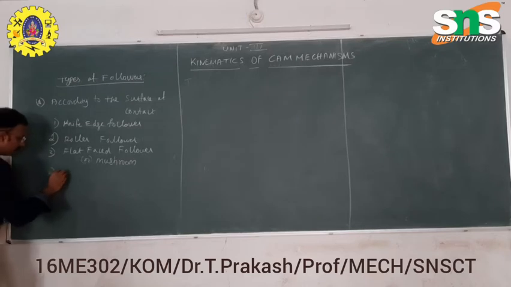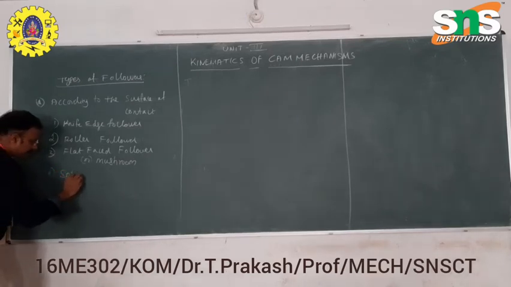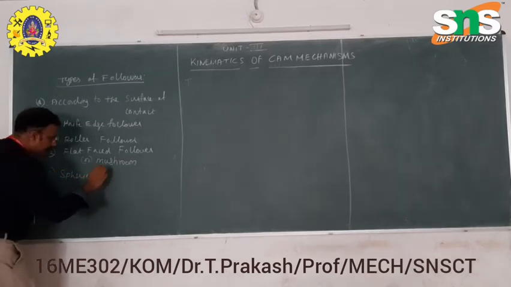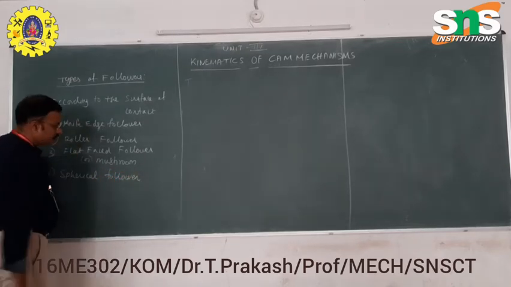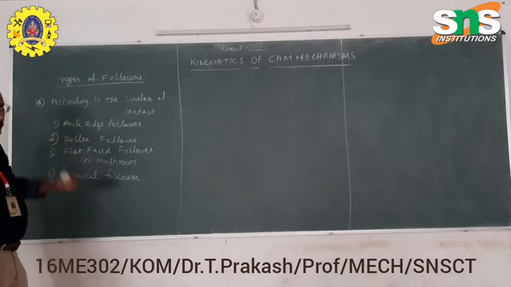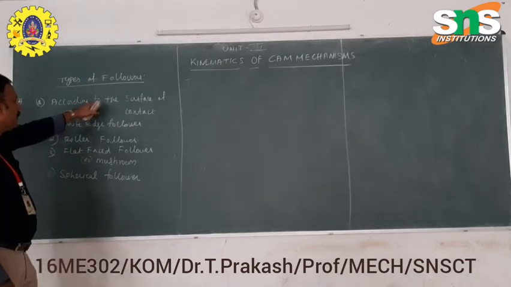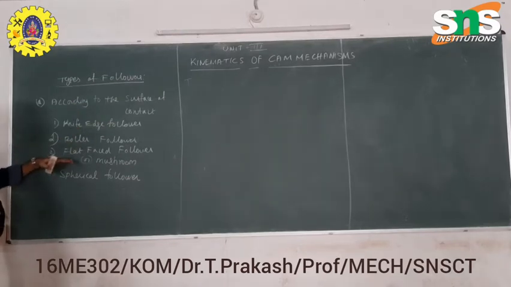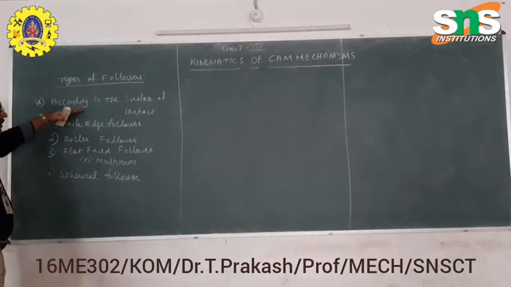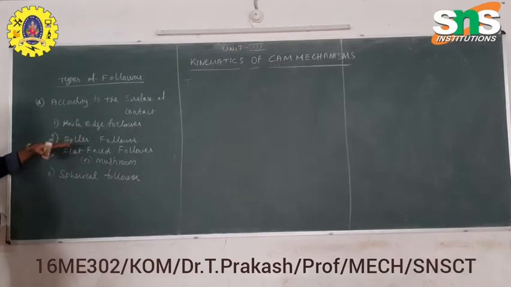Then the fourth one is spherical follower. According to the shape of the follower's surface of contact with the cam, we can classify the follower as knife edge follower, roller follower, flat faced or mushroom follower, and spherical follower. These are some types of follower according to the surface of contact and the edges of the follower.